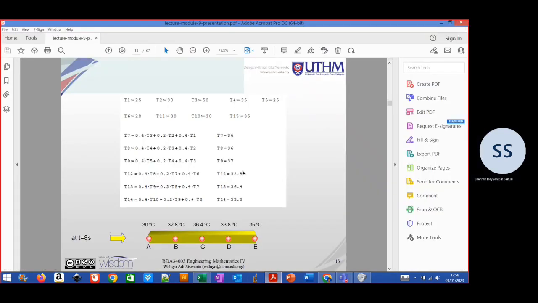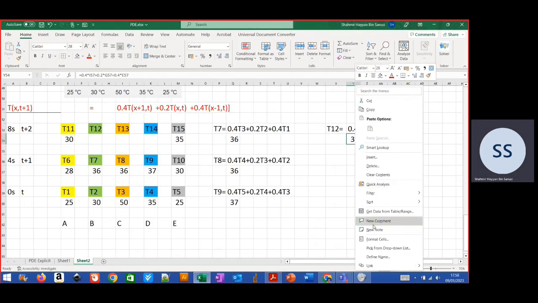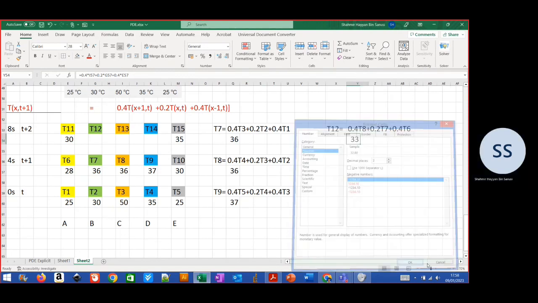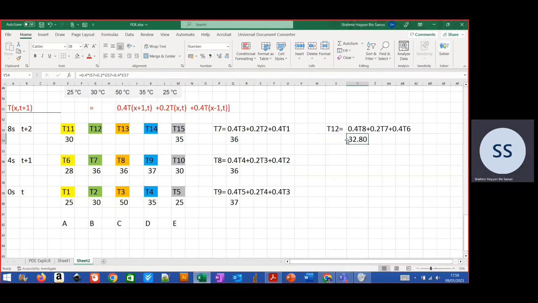Check back, 32.8. If I change it into a decimal point, we actually got 32.8 degrees Celsius. So update it in here, 32.8. By using a similar approach, I want you to finish up with T13 and T14.